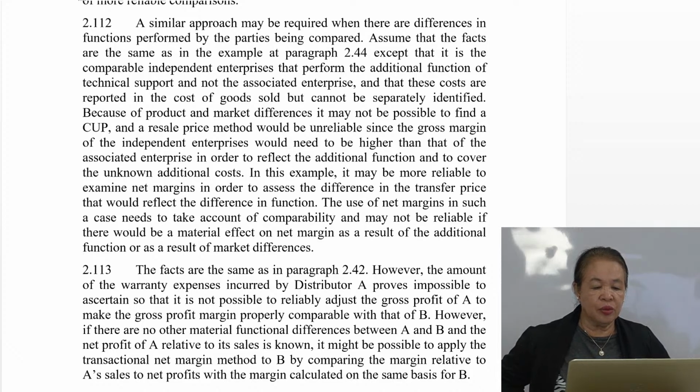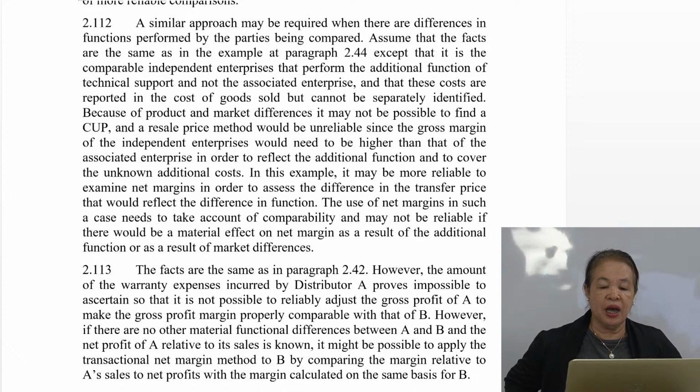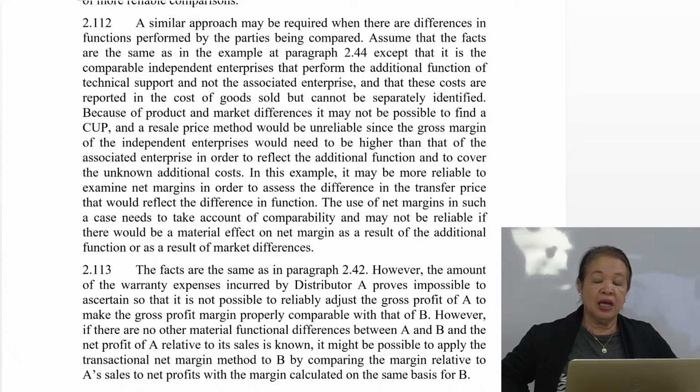Because of product and market differences, it may not be possible to find a CUP, and the resale price method would be unreliable since the gross margin of the independent enterprises would need to be higher than that of the associated enterprise in order to reflect the additional function and to cover the unknown additional cost.